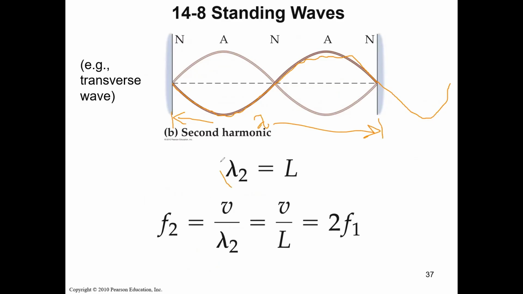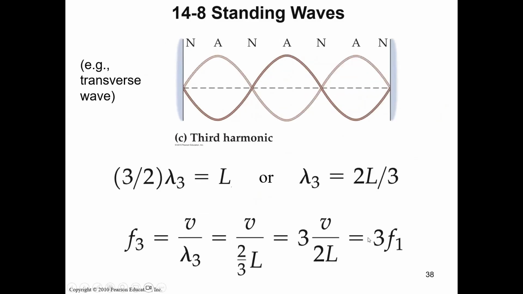Okay, so the wavelength equals the distance between walls, and the frequency is just v divided by L, and we can see that it is 2 times the fundamental frequency, because the fundamental frequency is just v divided by 2L. So the second harmonic is 2 times the fundamental frequency.